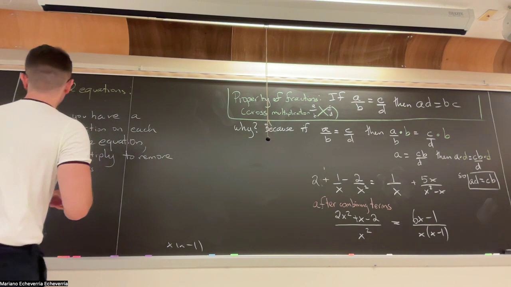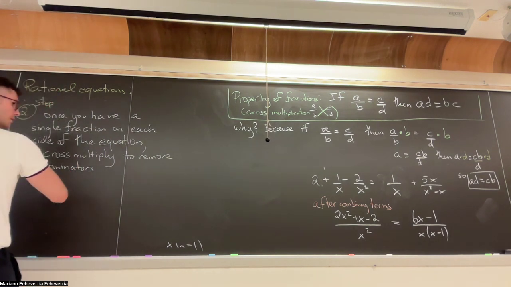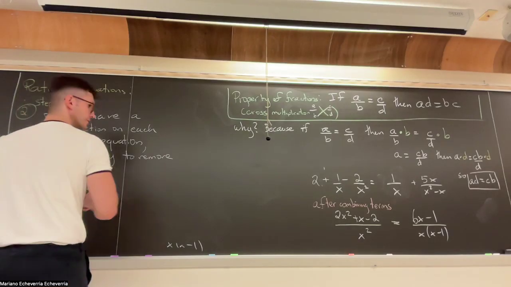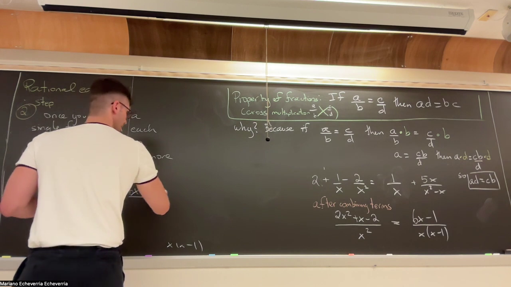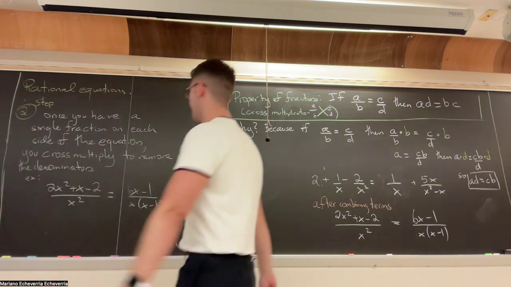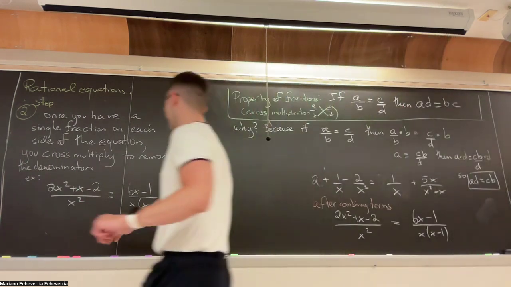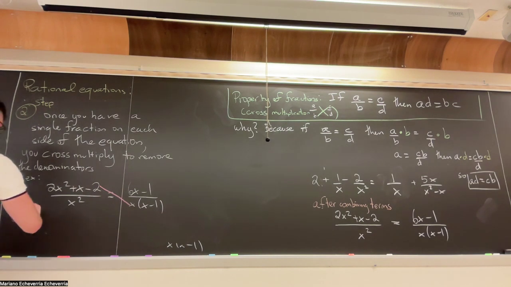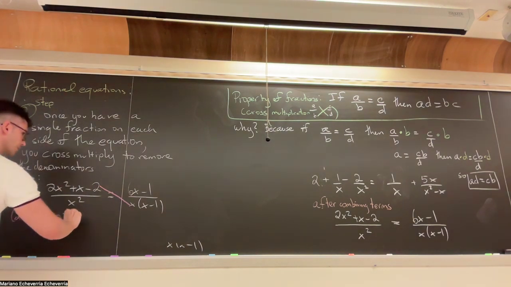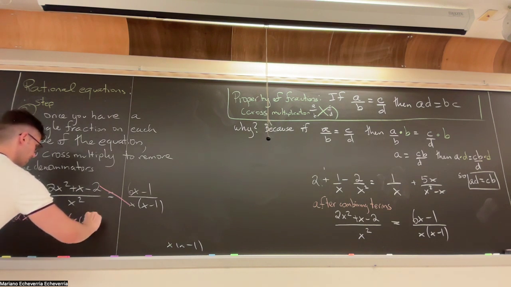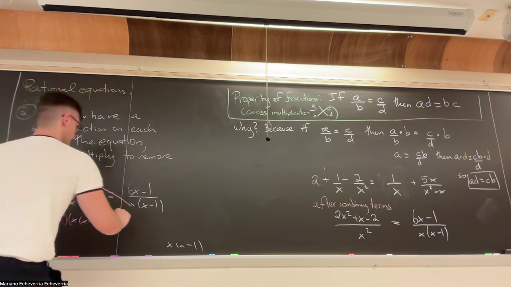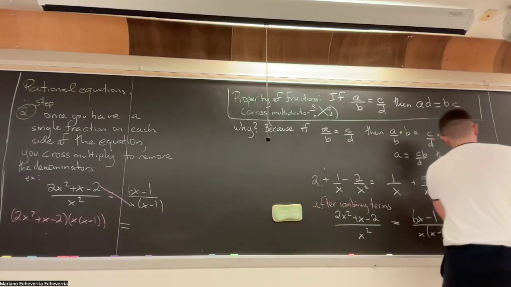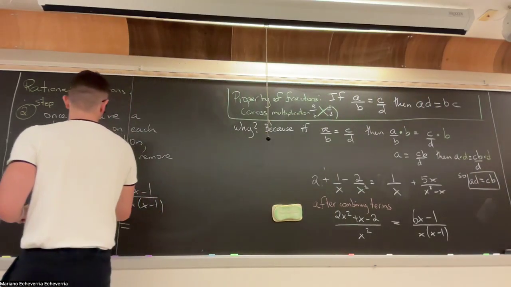So, for example, in this one that we were working with, which is 2x squared plus x minus 2 over x squared equals x minus 1 over x and x minus 1. It's kind of like a diagonal thing. So these two go together and then do 2x squared plus x minus 2 times x times x minus 1 equals, what is the other one that we get here?